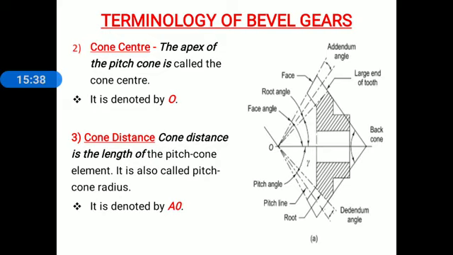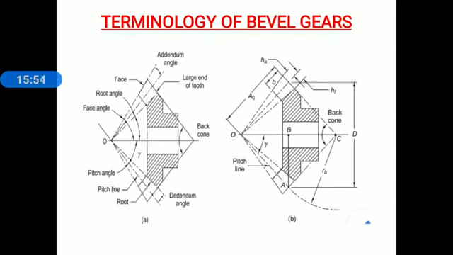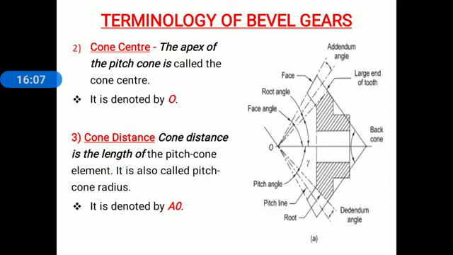It is also called pitch cone radius, and it is denoted by A suffix O. Now observe the distance AO on the left portion. That distance is called cone distance, also called pitch cone radius, and denoted by letter A suffix O.